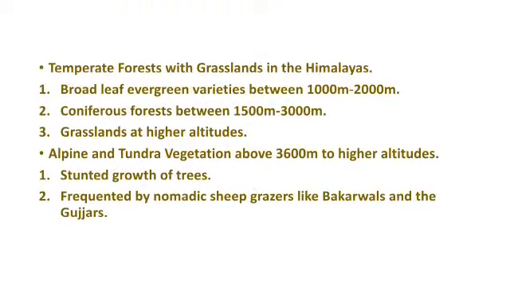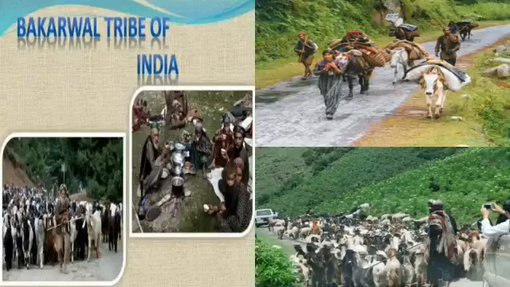Nomadic, or a nomad, is referred to someone who lives by traveling from one place to another instead of living in one area or place. So this is the image of how the Bakarwals and the Gujars carry their stuff along with their cattle, travelling from one place to another with change in season in search of shelter and food.